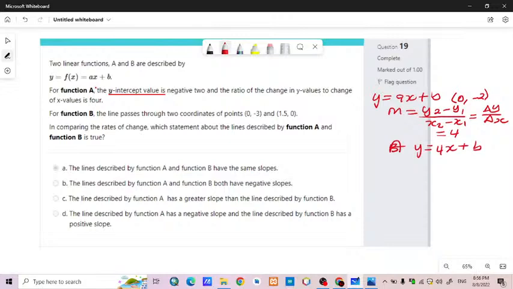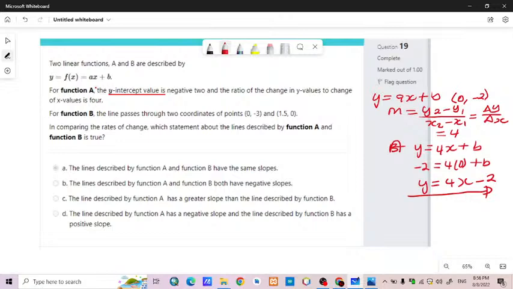Substituting for y, we have -2 equals 4 times, and you substitute the value of x, which is 0, then plus b. Therefore we know that the value of b equals -2. Then your equation is 4x minus 2. This is the equation for a.